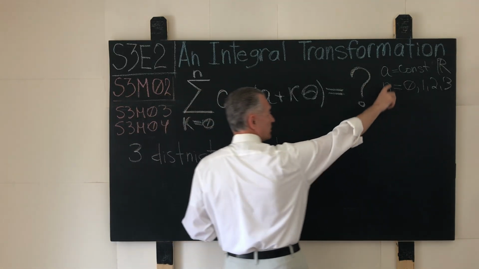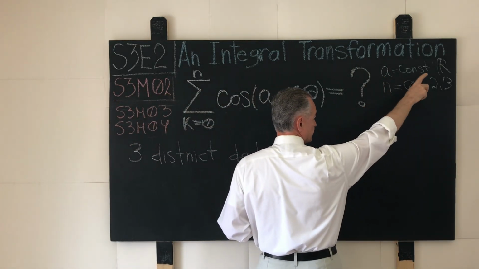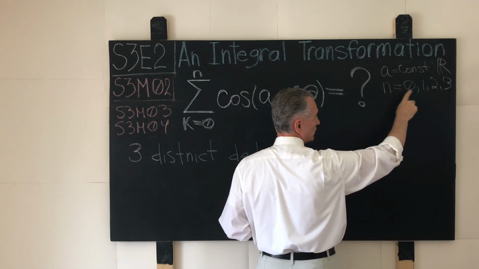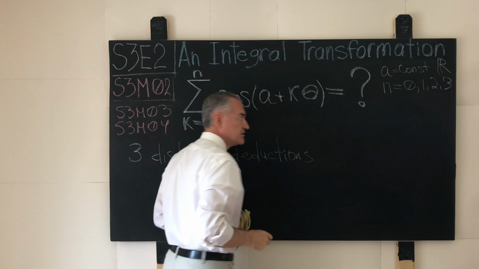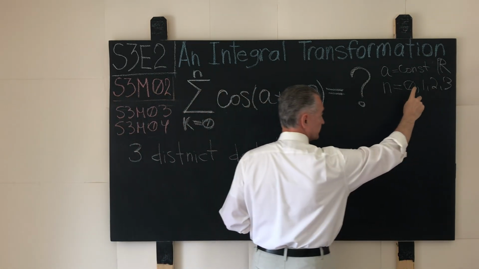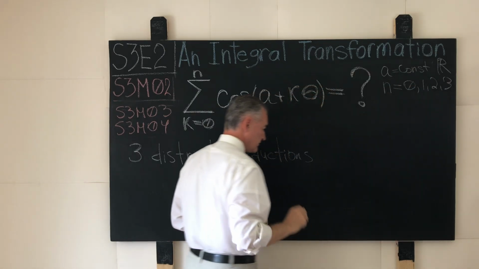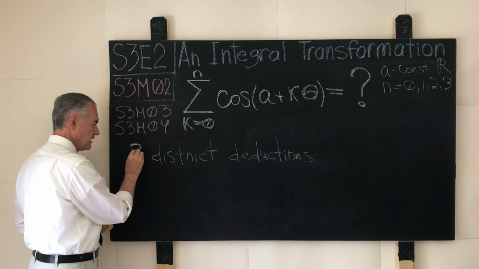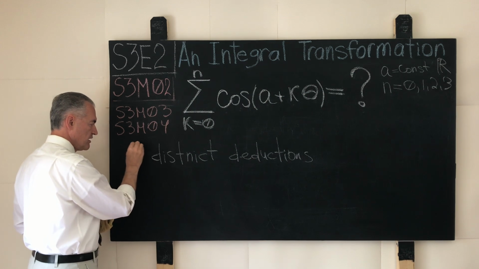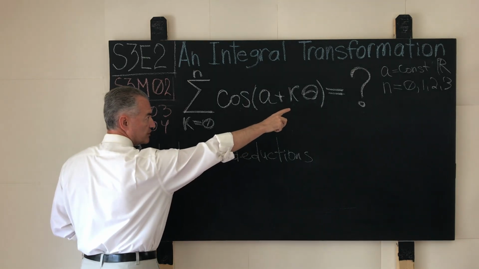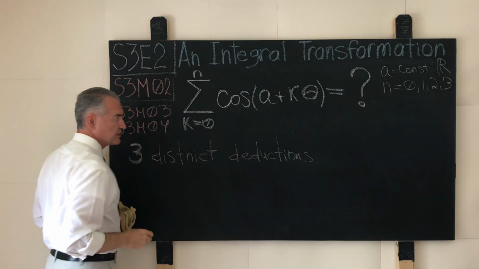I captured the constraints over here. A is a constant real number, n is a non-negative whole number. It can run 0, 1, 2, 3, 4, 5, 6, 7, and so on. And what we're looking for is at least three distinct deductions of the closed form for this expression.